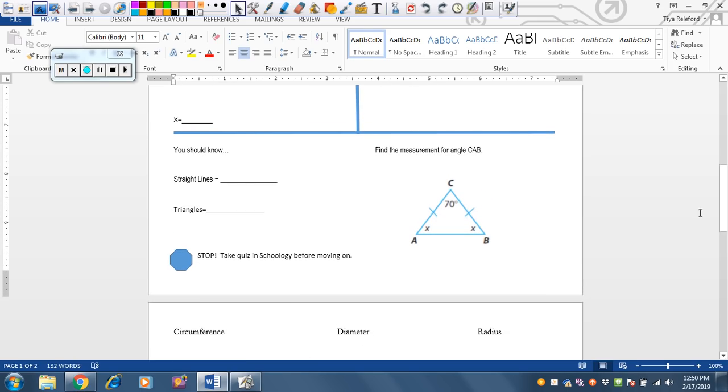All right, a couple of things you should know. You should know that if it's a straight line, it is 180 degrees. And if it is a triangle, it is also 180 degrees, because I can unfold a triangle to make a straight line.